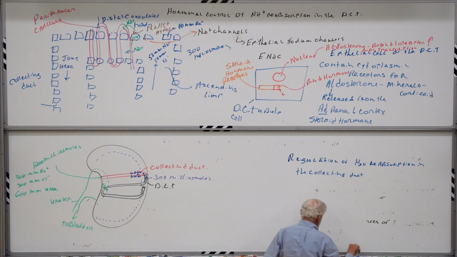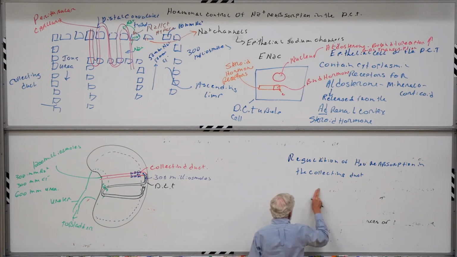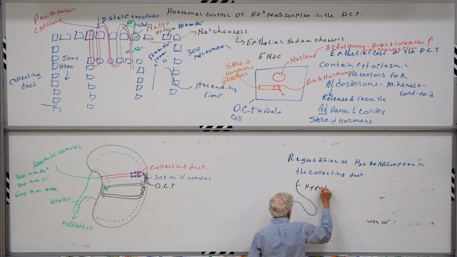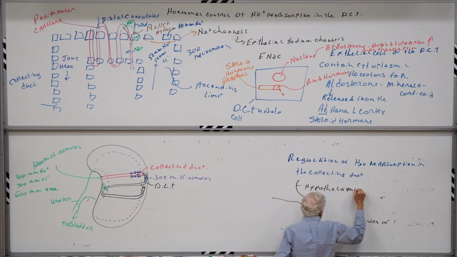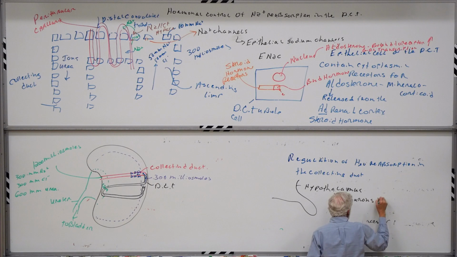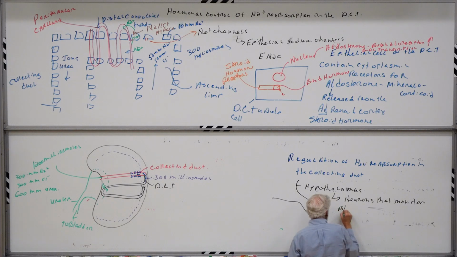So what happens is that up here in the hypothalamus, there are cells, there are neurons that monitor blood osmolality.